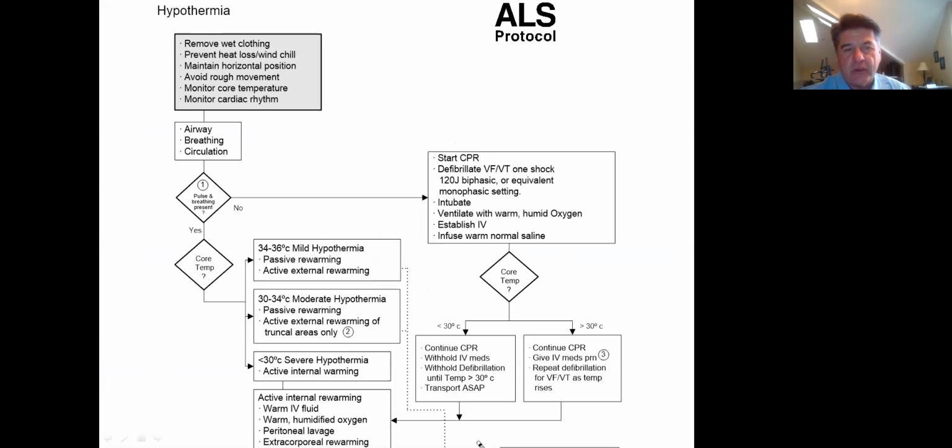You new students are probably the ones who have to get the core temperature. That's the way it goes. Your ABCs, and if your ABCs aren't going, you start your defibrillation process. You'll see here in our protocol, it says 1 shock. And then it talks about mild, moderate, and severe, as we did.